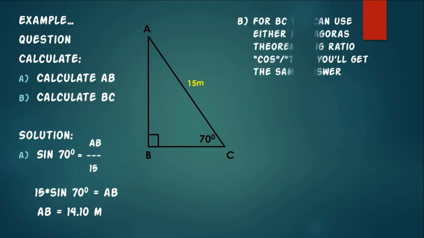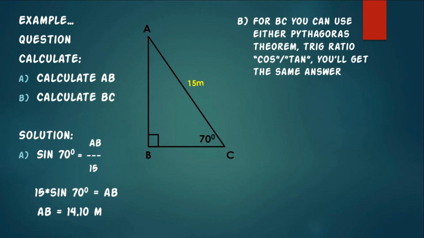To the next question, calculate BC. For BC you can use either Pythagoras theorem, or trig ratio cos or tan. Since you know the opposite side, you can use tan, or you can use cos since you have the other side, which is the hypotenuse side.